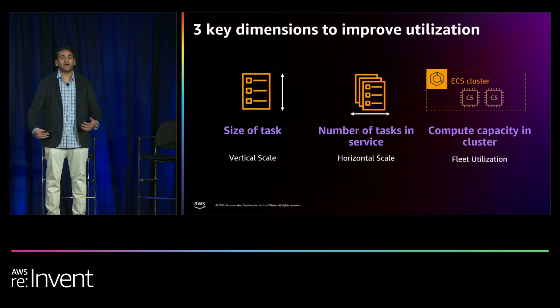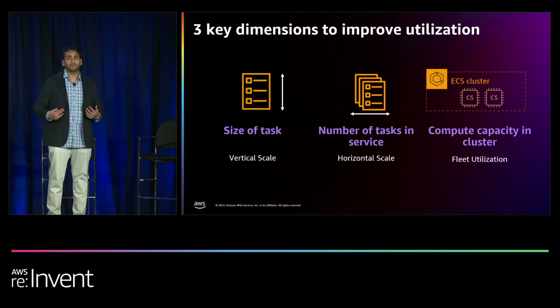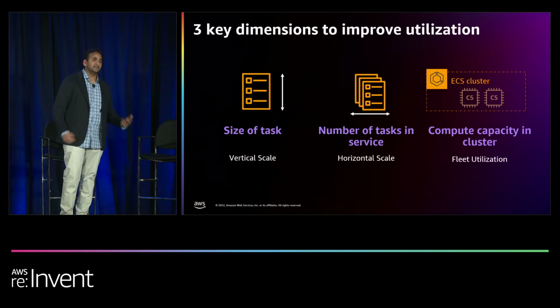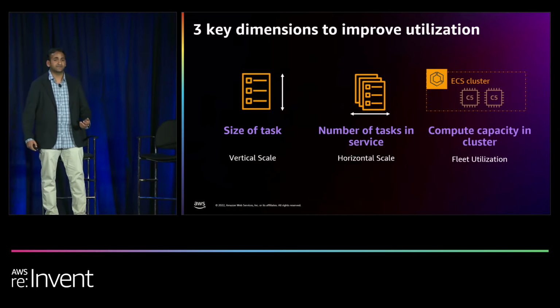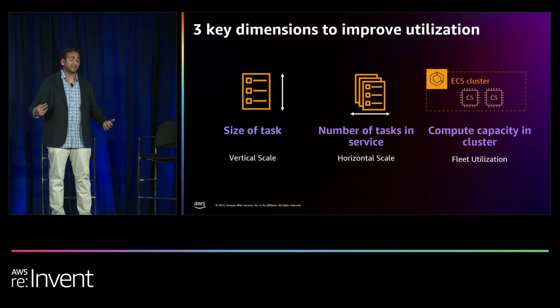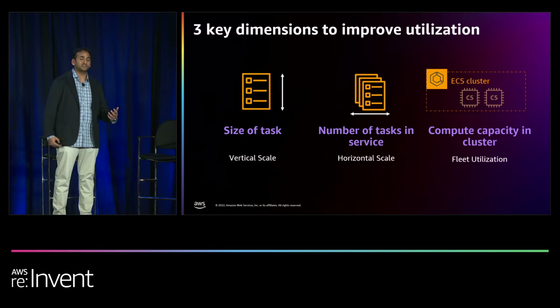But depending upon how you utilize that or how much your application needs, there might be an opportunity to cut costs. Secondly, number of tasks in a service. How much traffic your application sees over the course of a day can vary a lot. You can use this to make sure that your applications are always right-sized.